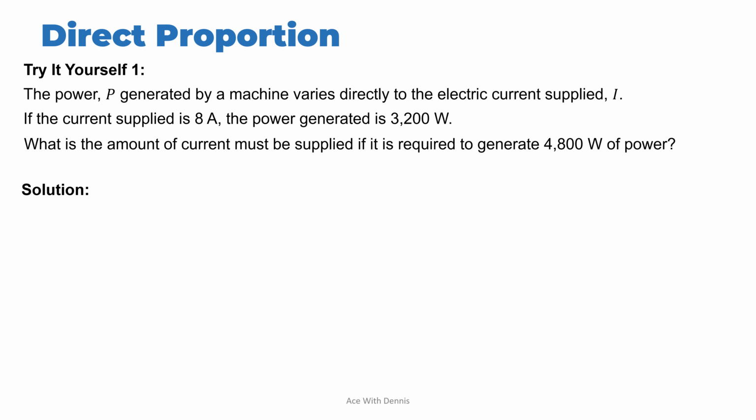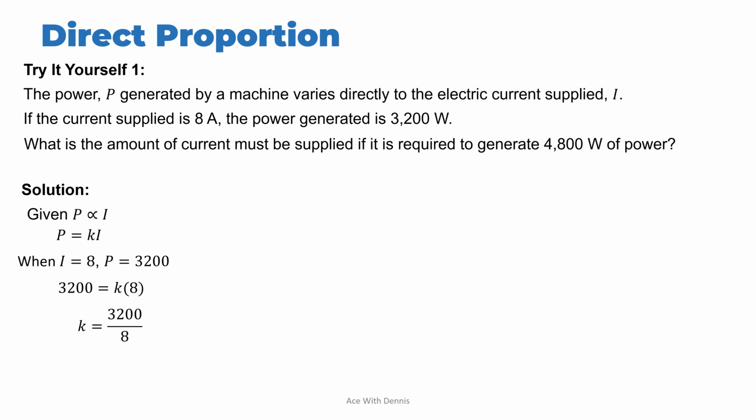Alright, here's the solution. Given that P is directly proportional to I, hence P equals kI. When I equals 8, P equals 3200. Hence, we substitute these values into the equation, which gives us 3200 equals k times 8. Hence, k equals 3200 divided by 8, and the value is 400.